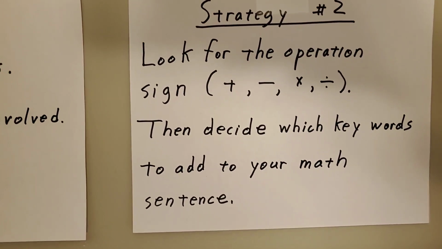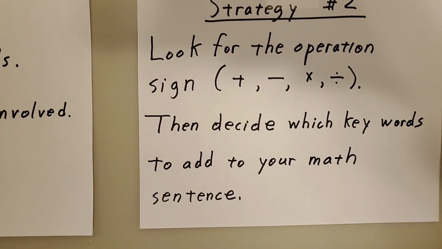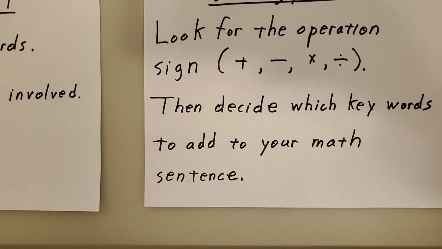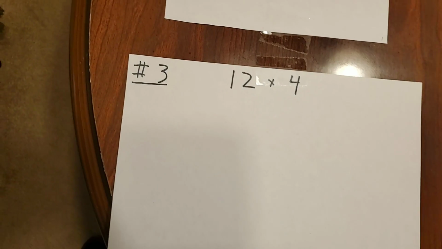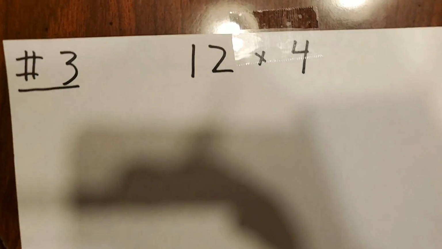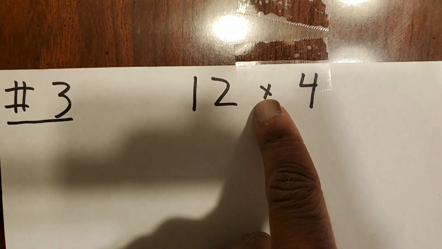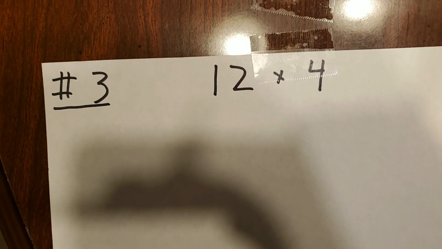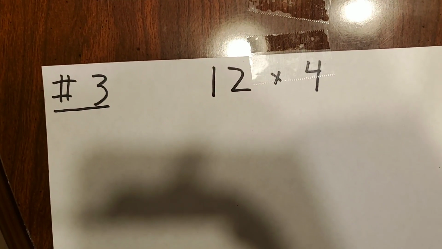So we're going to look at the operation sign first, or operation symbol, and then we're going to use that to help us to figure out which word. So I see 12 times 4. When I look at 12 times 4, we have our multiplication sign. So let me see, what word do I want to use? Let's go back on our chart.